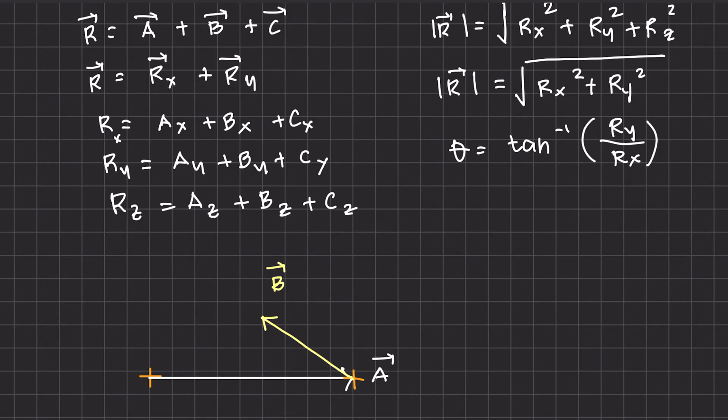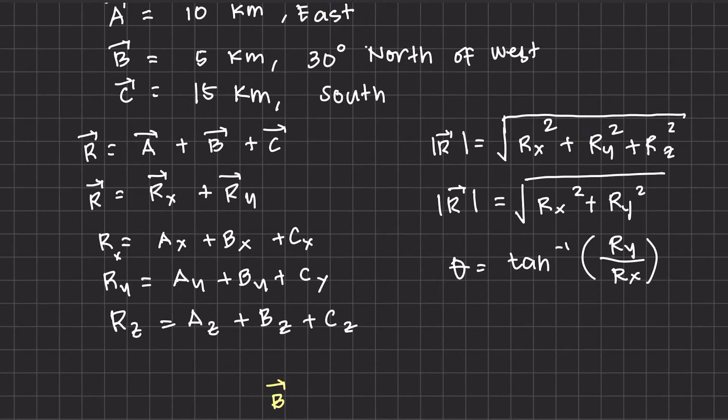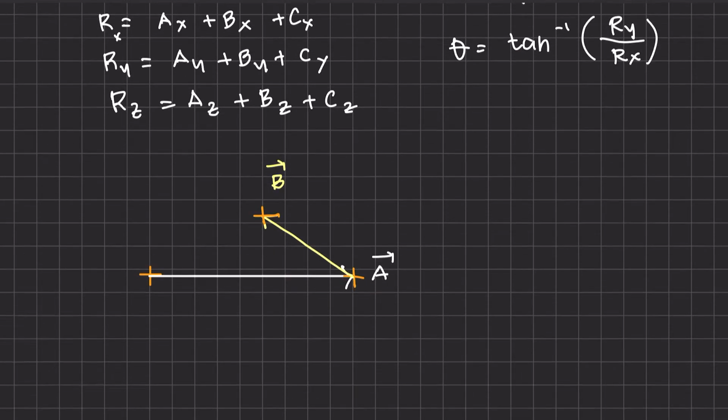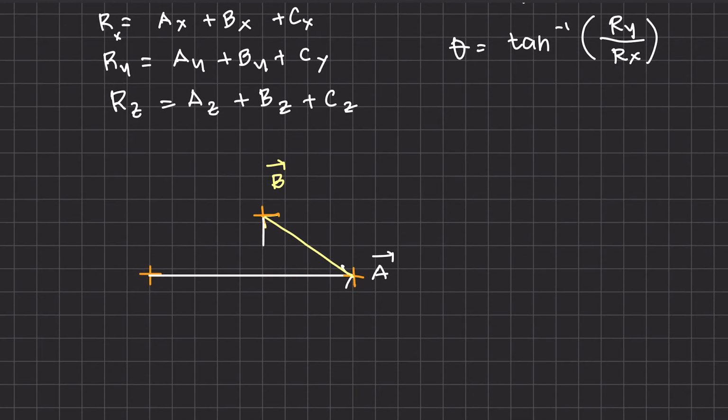Okay? And then you have vector C, 15 kilometers south. So X and Y again. 15 kilometers, kinda longer with respect to vector A. Right.